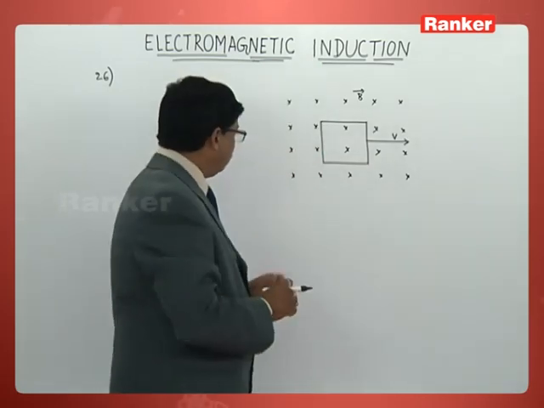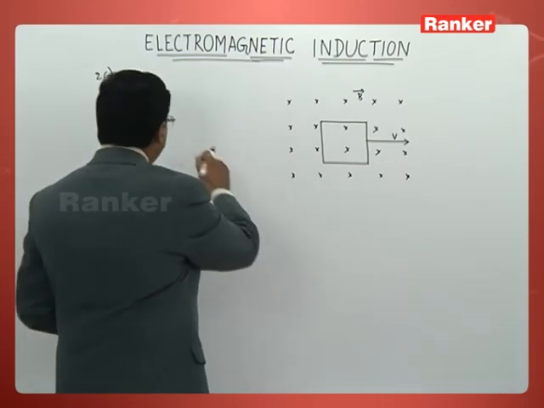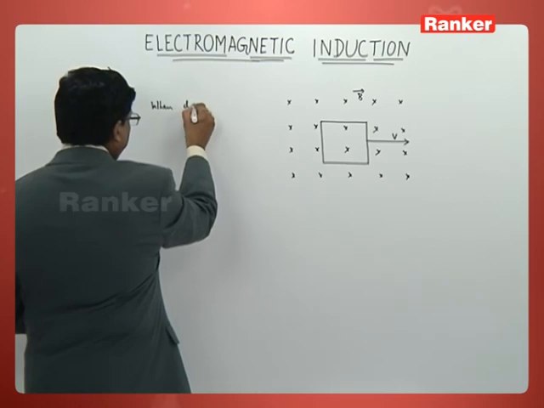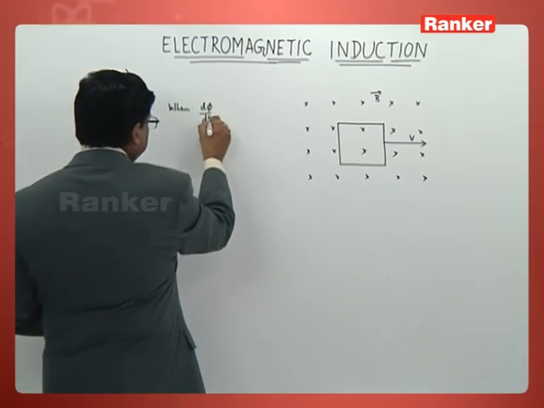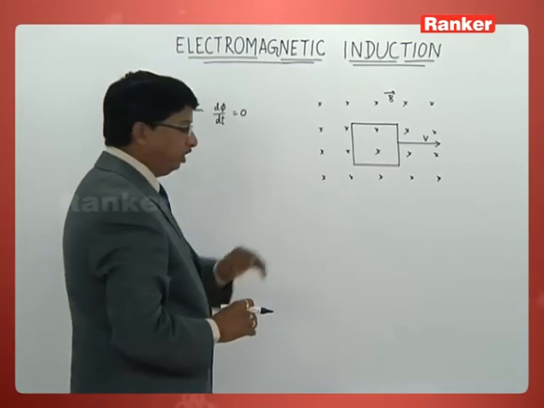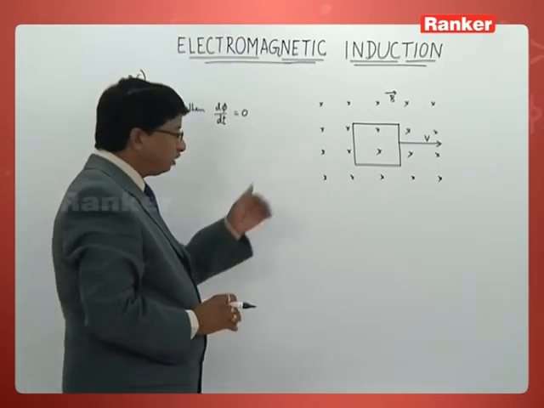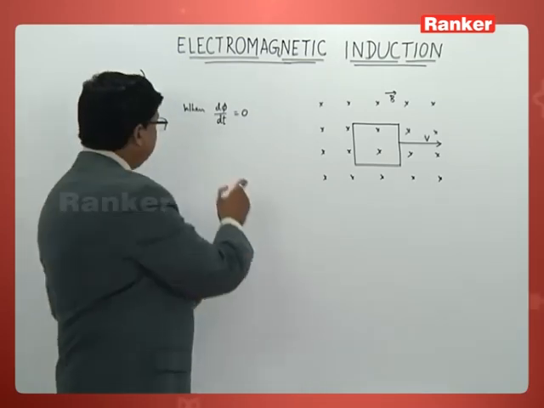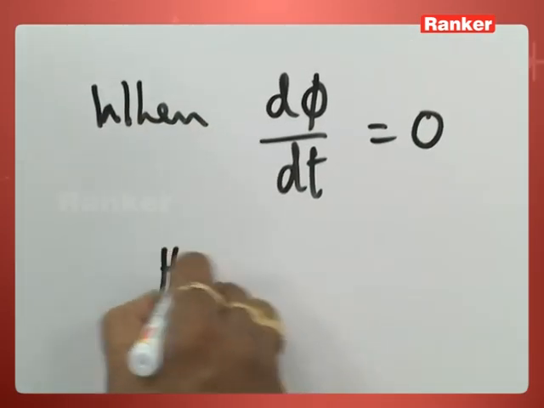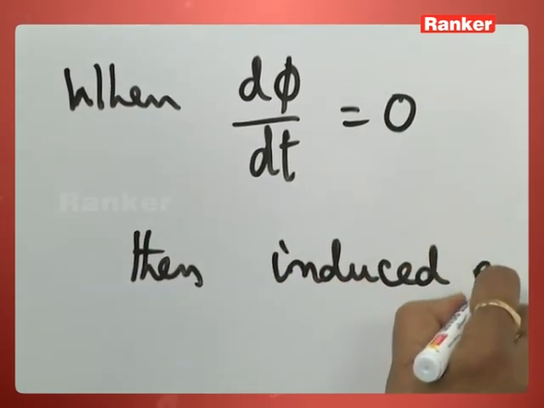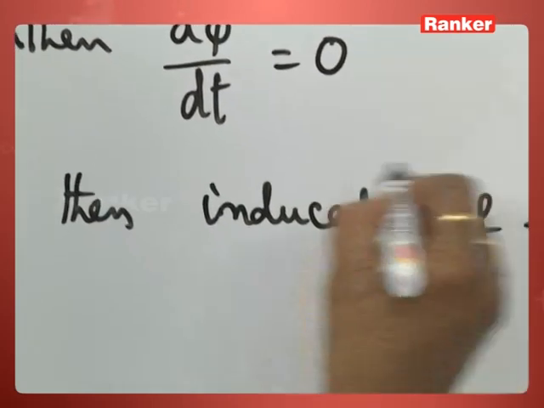There will never be any induction, any induced EMF or induced current. So what is the logical concept you can understand here? When d phi by dt is 0, when there is no change in magnetic flux with respect to time, then automatically we can understand induced EMF will be 0.